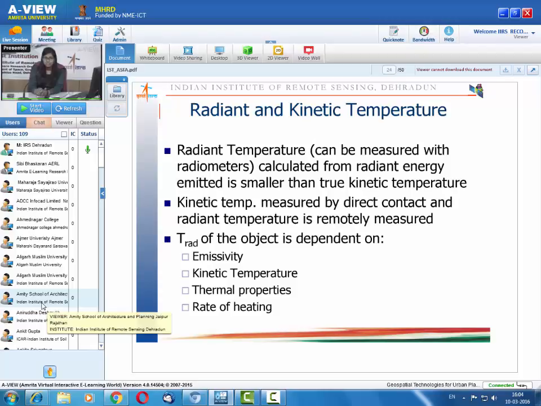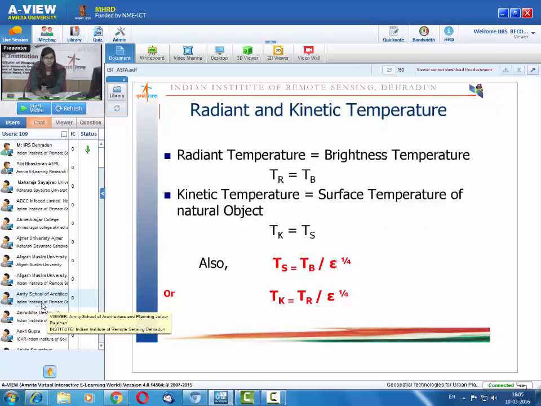Now what is the relationship between kinetic and radiant temperature? Let us see that. Radiant temperature is the brightness temperature of the surface. Kinetic temperature is the surface temperature of the natural object. So there is a relationship between the radiant and the kinetic temperature, and it is by a factor of emissivity.